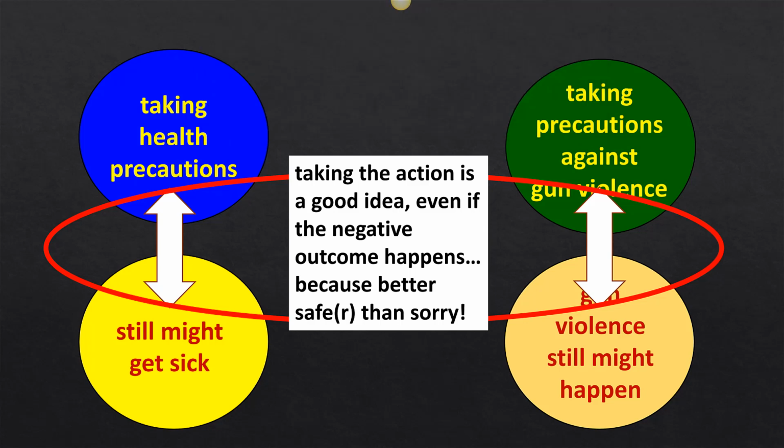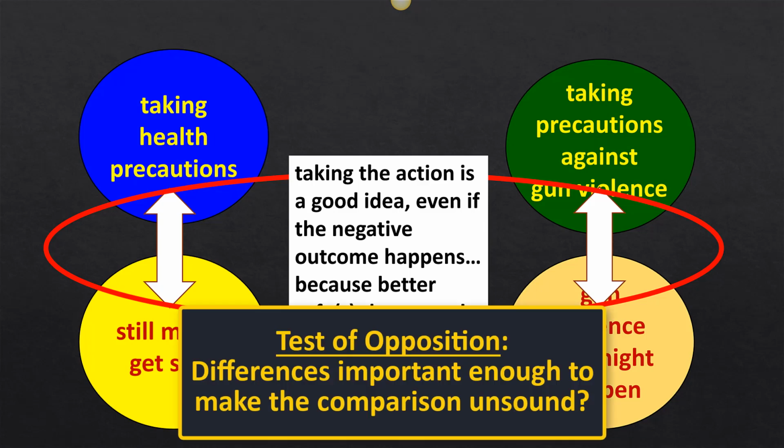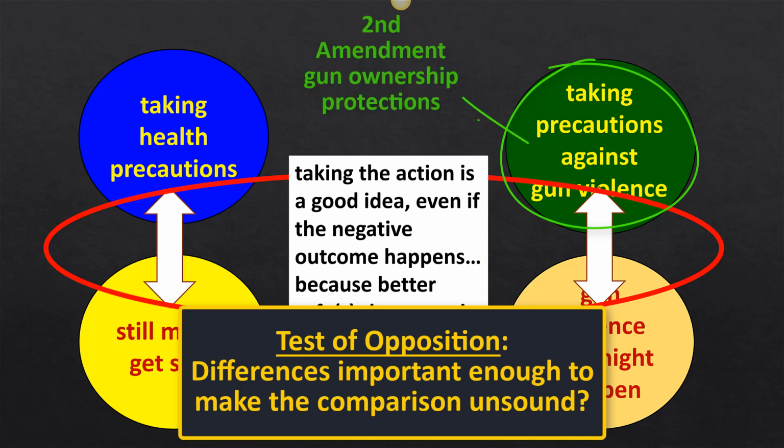However, when we apply the test of opposition, there is a really important exception. And that is, when it comes to taking precautions against gun violence, there are other things that we need to keep in mind besides just keeping ourselves safe. For instance, the Second Amendment to the Constitution, which protects our constitutional right to keep and bear arms.